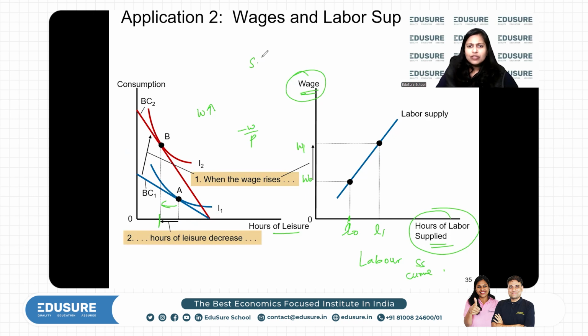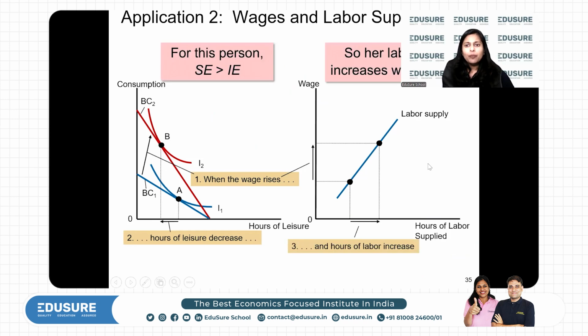So if the substitution effect is stronger than the income effect, the IC will shift to point B, where consumption is higher, but leisure is lesser. So the labor supply curve at that time is positively sloped. And like I said, this happens when wages are usually lower.